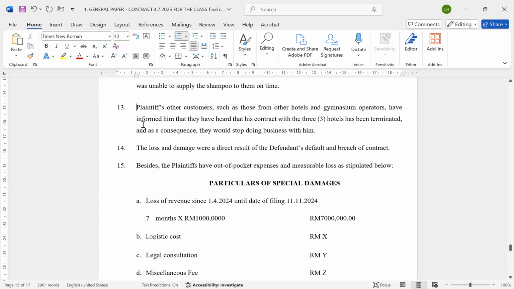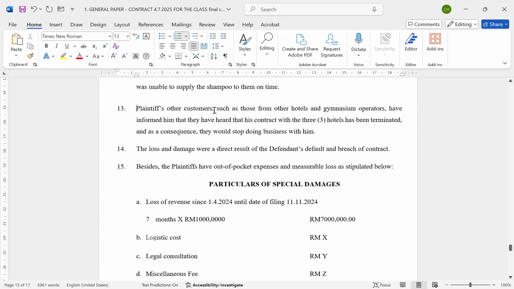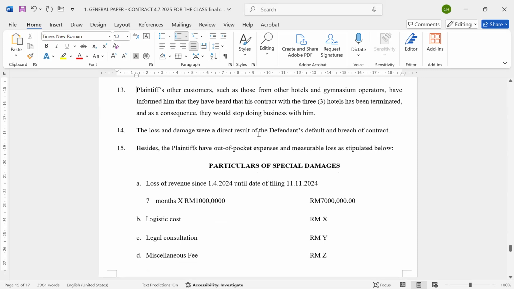As well, what are the loss? Plaintiff's other customers, such as those from other hotels and gym operators, have informed him that they have heard that his contract with 3 hotels has been terminated, and as a consequence they will stop doing business with him.